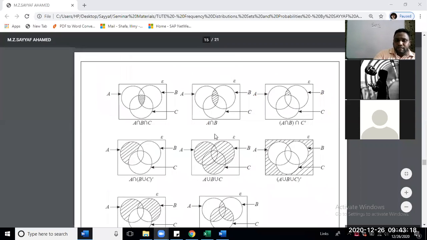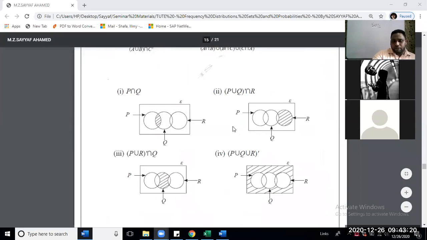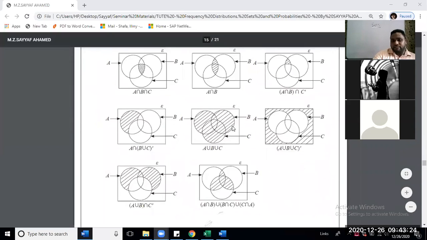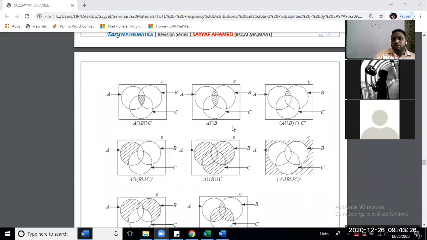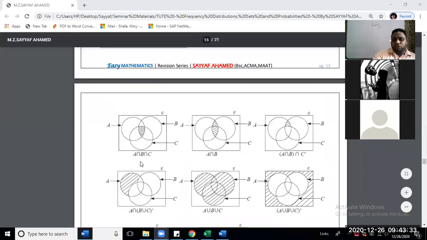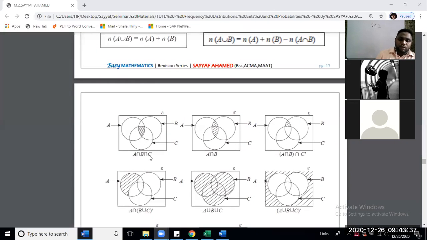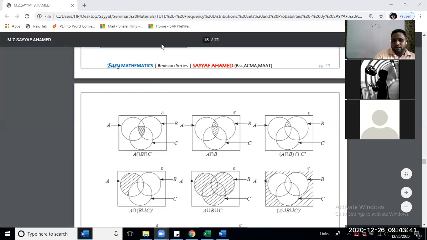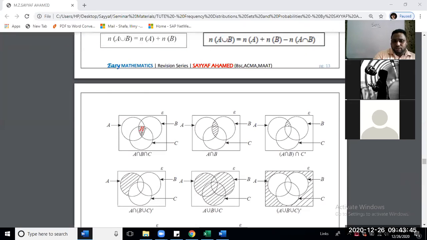So there are two types of events in that. And the notations we have in this page, page number 14, with three sets, which is very much possible to be tested in the paper, in the exam, right? So you can see A intersection B intersection C, that is the common for A, B and C, all three common, meaning you have the middle, right? The middle. If you have any doubt in that, you can put it in the chat box, right?